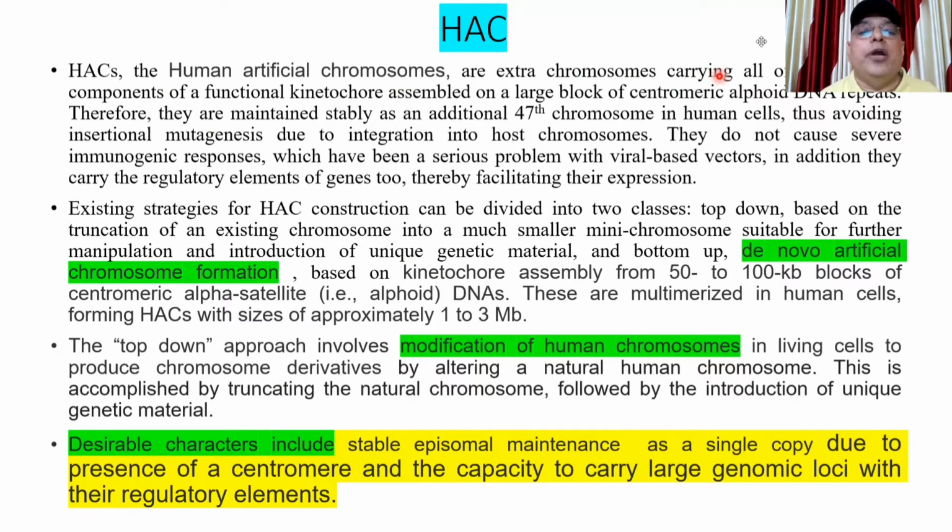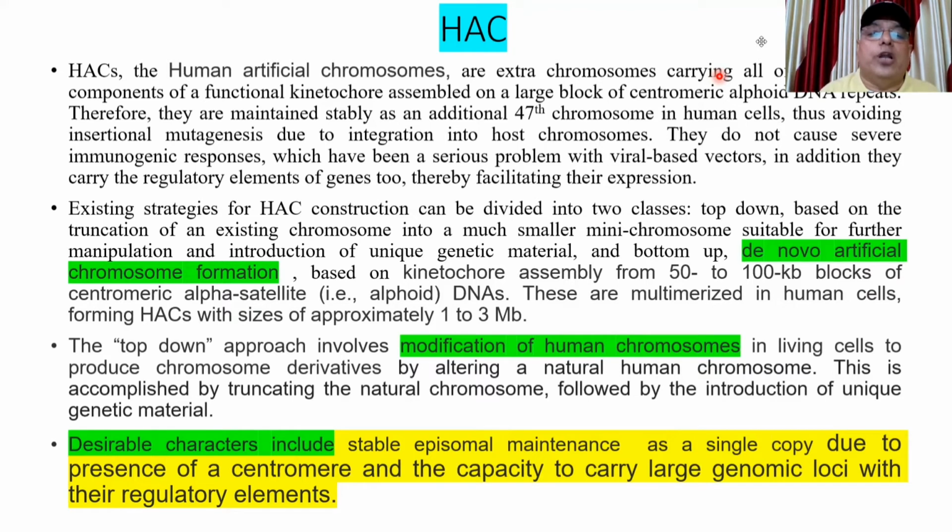So these elements: telomeres provide stability, centromeres provide the site for attachment, and origins provide the replication, and that's how the artificial chromosome can enter a cell carrying the desired stretch of DNA.